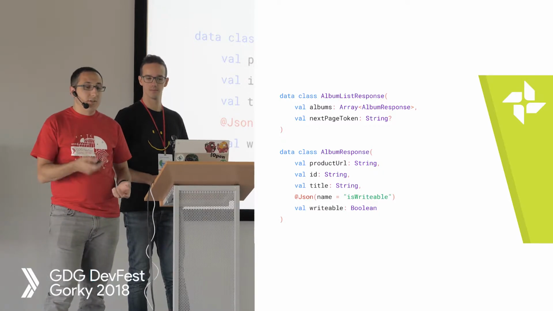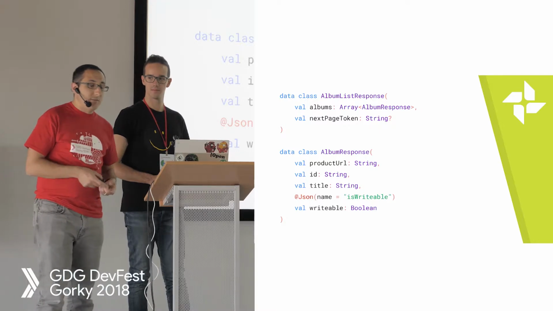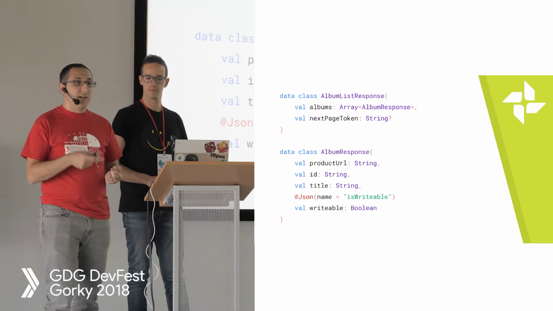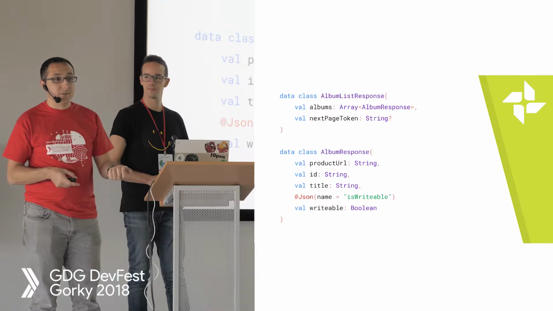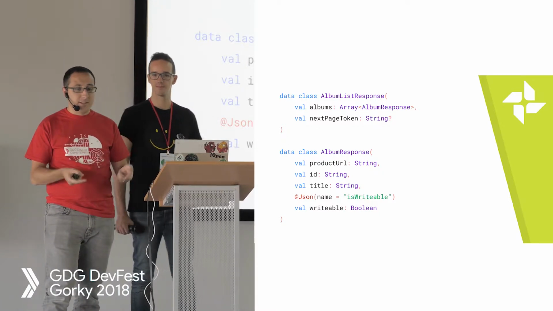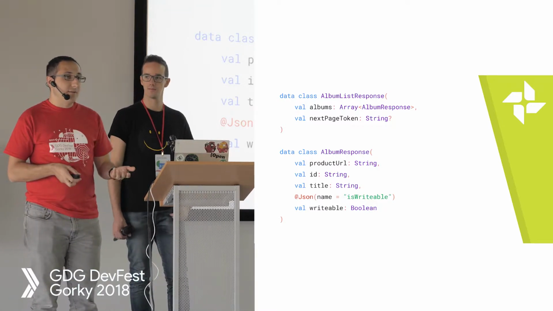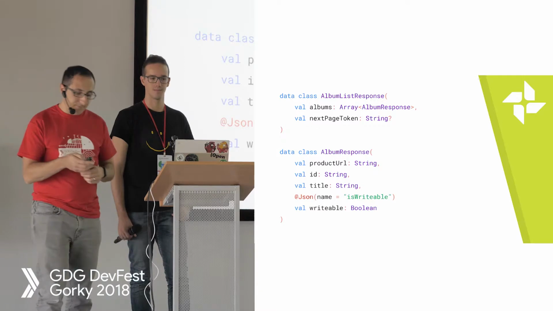And of course, we have the album response, which contains the product URL, which is the URL that you have to use in order to connect to the Google Photos album, the ID, the title that you can decide, and the writable flag, which tells you if you can change it or not.